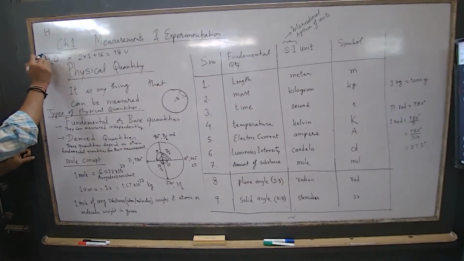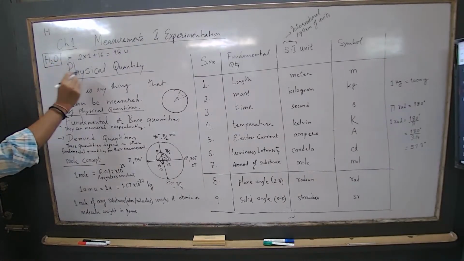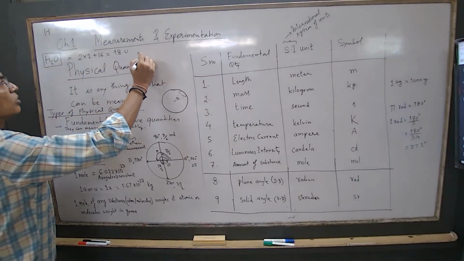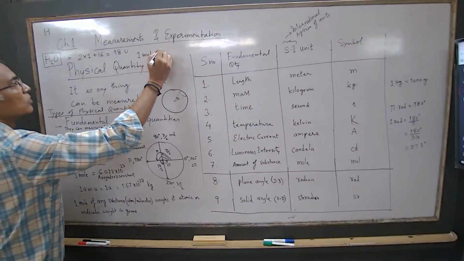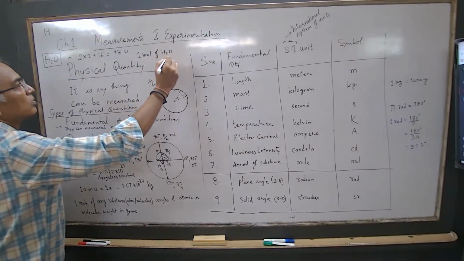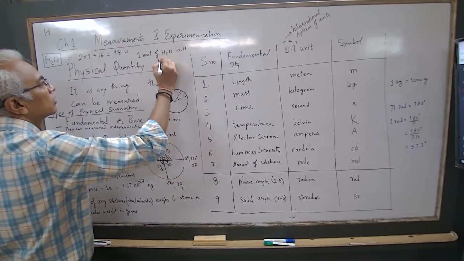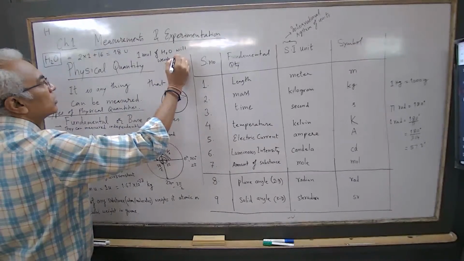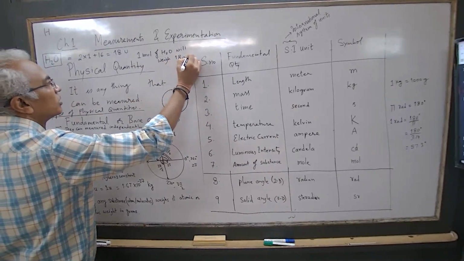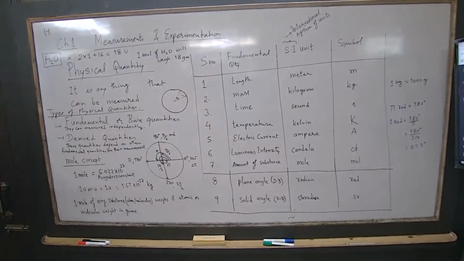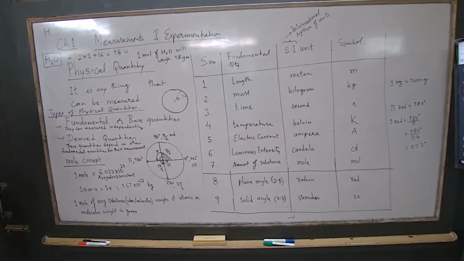But if you take 1 mole of H2O, it will not be 18U. 18 gram it will be. Gram is just g.